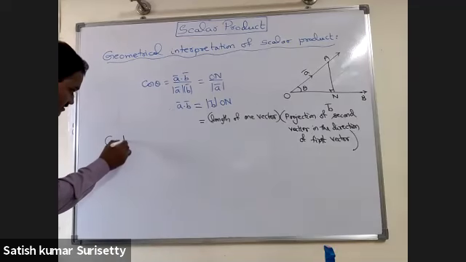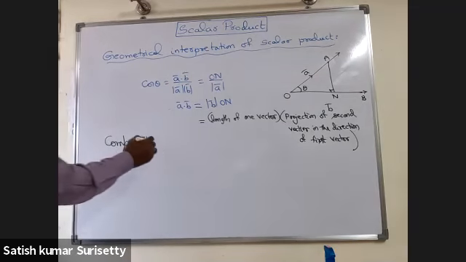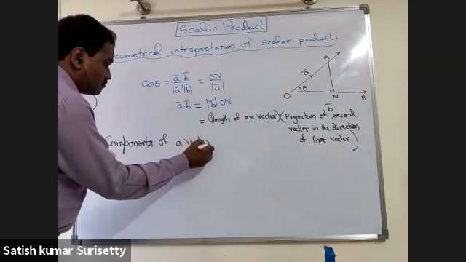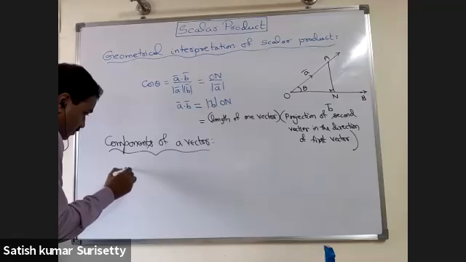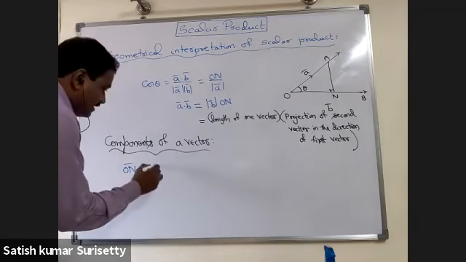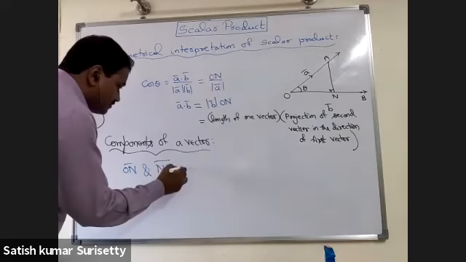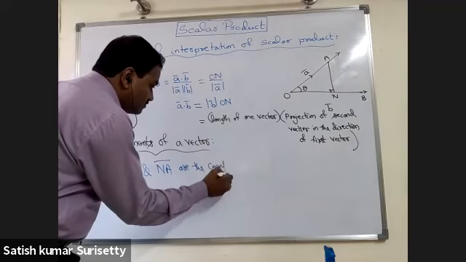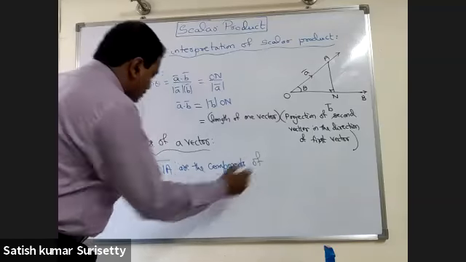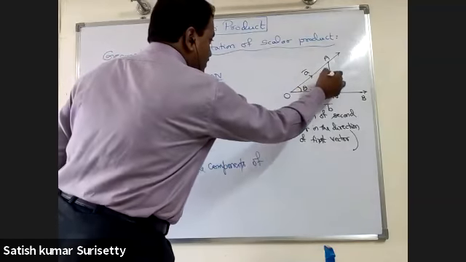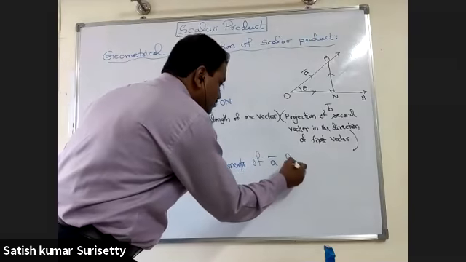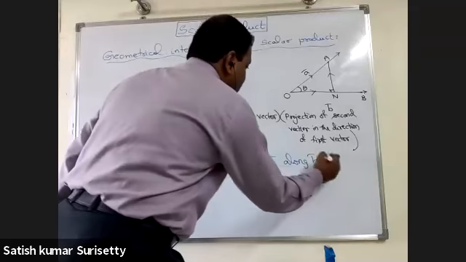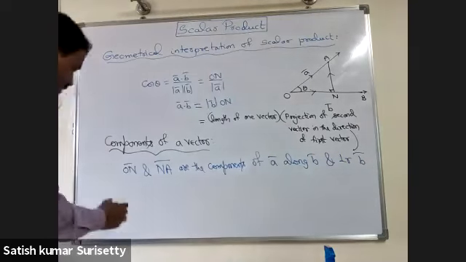Next, components of a vector. ON bar and NA bar are the components of vector A bar along B bar and perpendicular to B bar respectively.